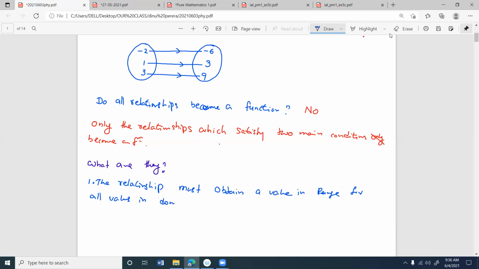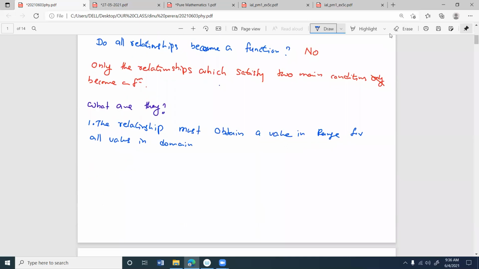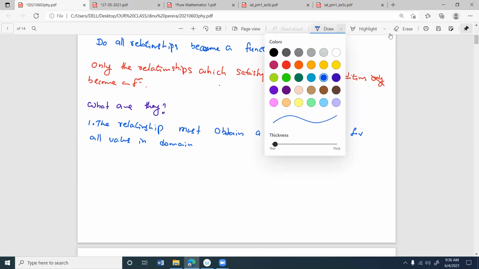That means whatever value you pick in the domain, there must be a solution in the codomain, or there must be a value in the range. For all input values, there must be an output value. I write it in simple words for your convenience.